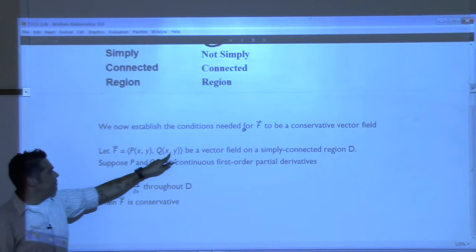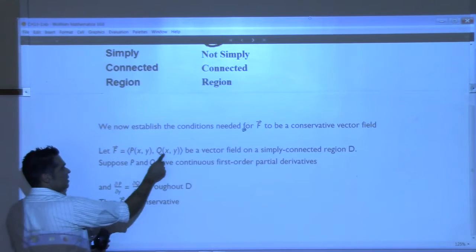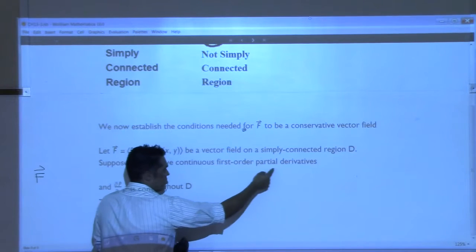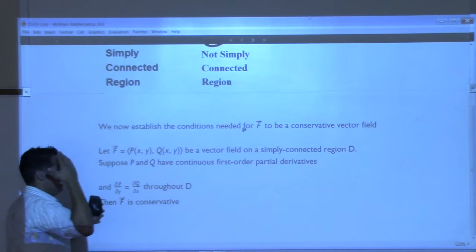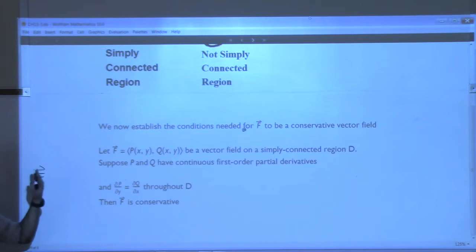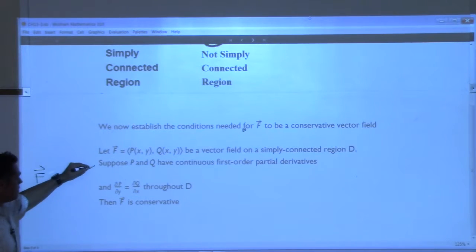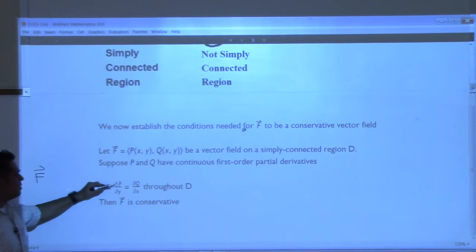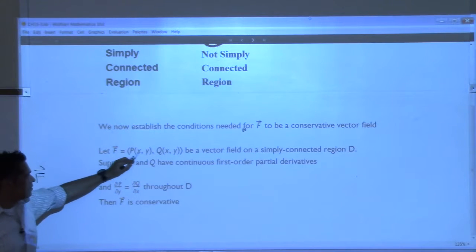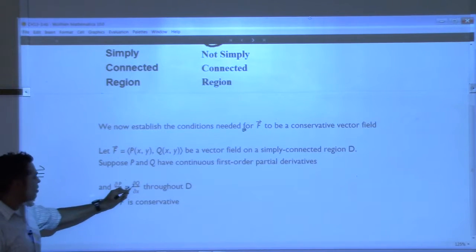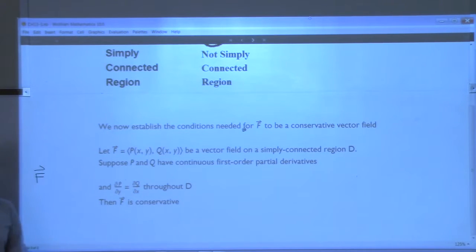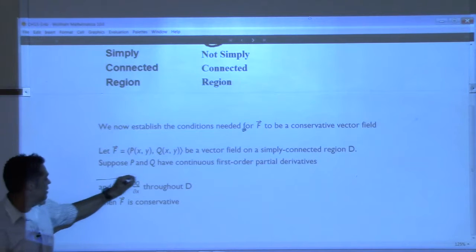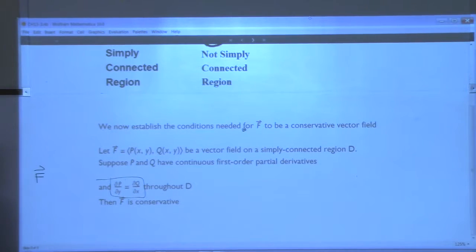Suppose that these component functions, P and Q, have continuous first-order partial derivatives, meaning we can take the partial derivative of this, partial derivative of that, and those partials make sense. They're defined within the region. Then, if the partial of P with respect to Y equals the partial of Q with respect to X, then that is a conservative vector field. That's the check right there. Those two partials have to be equal.